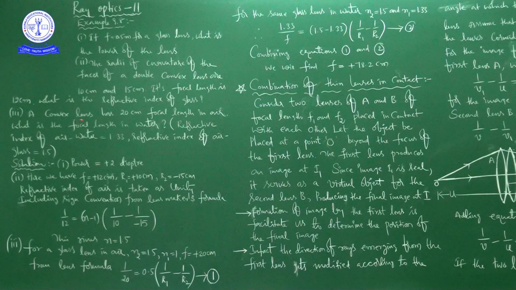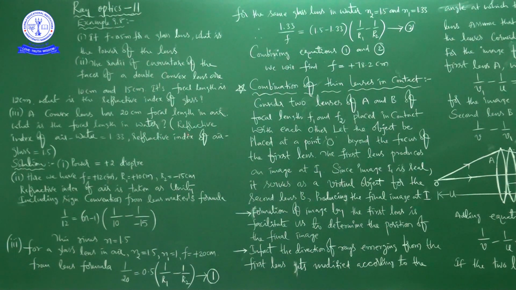Next, third one, a convex lens has 20 centimeter focal length in air. What is the focal length in water?